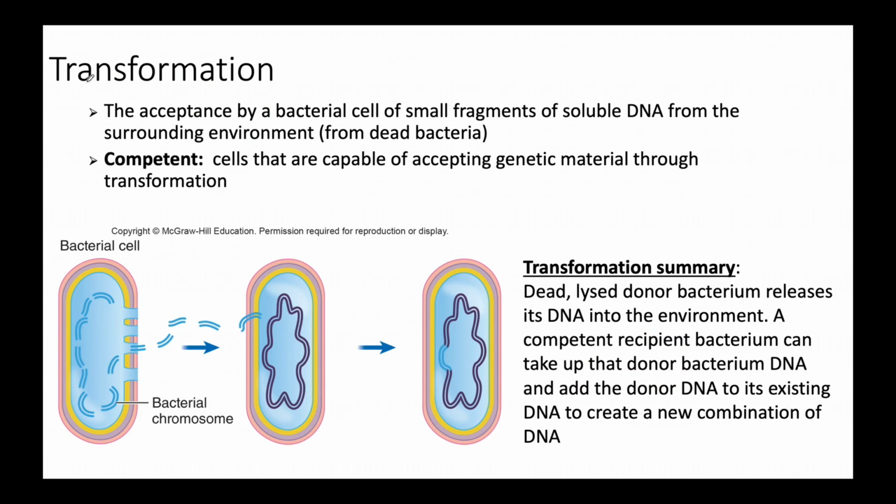Transformation is the taking up, or the acceptance, by a bacterial cell of DNA from its environment. This illustration shows what's going on. If this bacterium dies, and bacteria die all the time as a natural part of the cell cycle, or you can think of antibiotics killing bacteria, then as it dies, this blue represents pieces of the bacterial chromosome, or pieces of DNA.